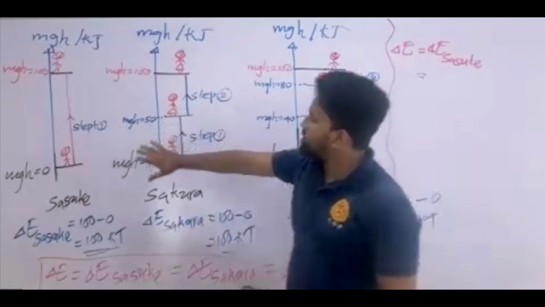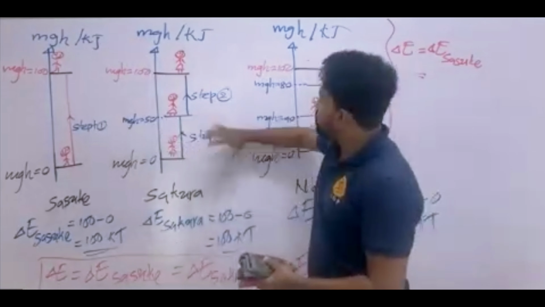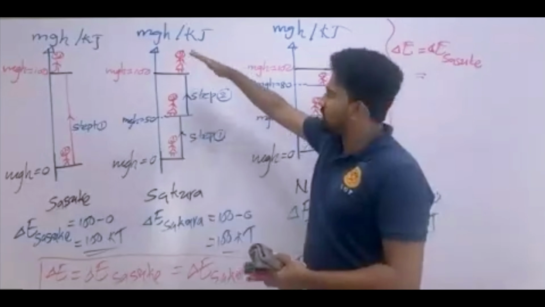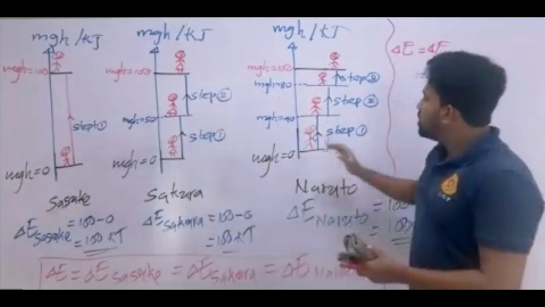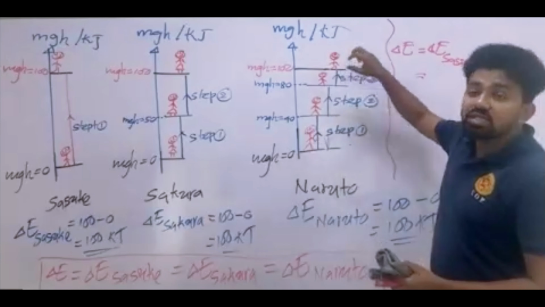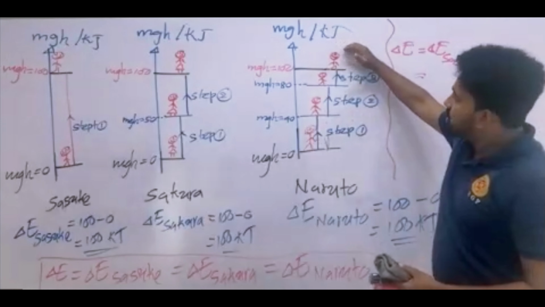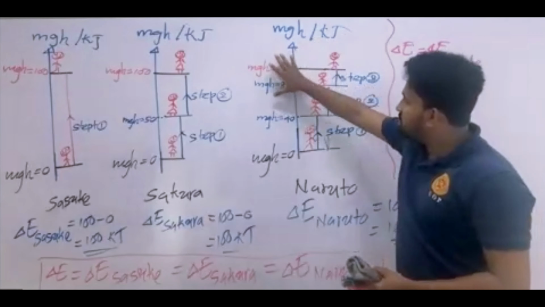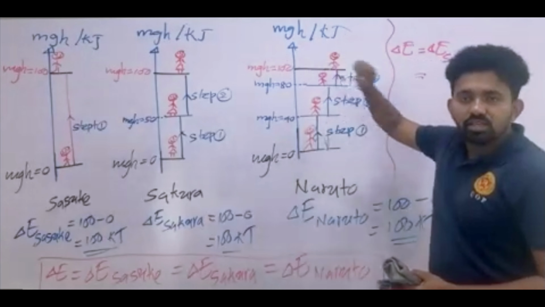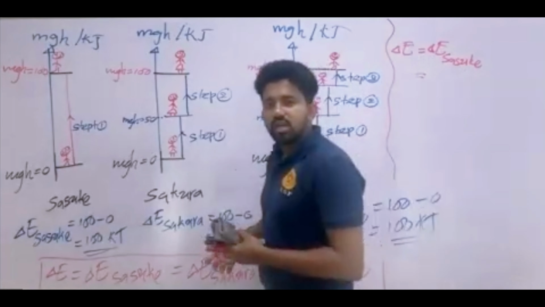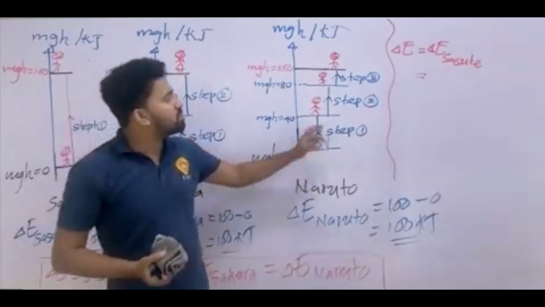No matter Sasuke uses 1 step, no matter Sakura uses 2 steps, the final value is 100 since the initial one is 0. No matter Naruto takes 3 steps to climb that gap, the value is 100 kilojoule, no matter the number of steps.